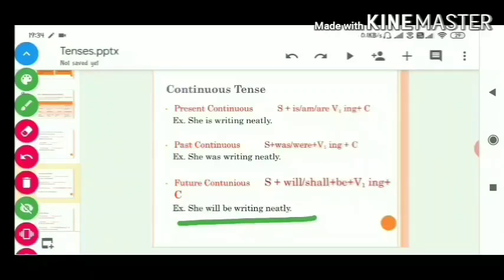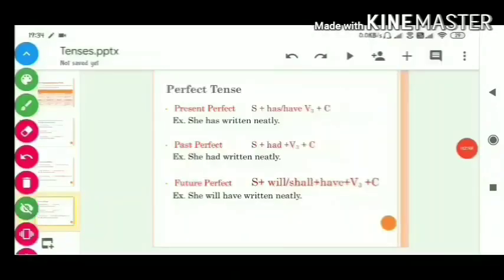Present perfect tense: subject plus has, have plus V3 plus complement. We use has for a singular subject and have for a plural subject. Example, she has written neatly. Past perfect tense.